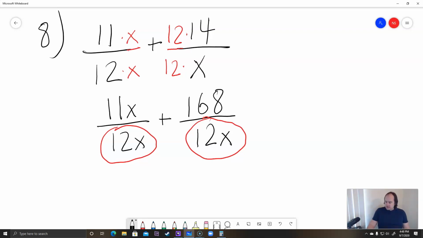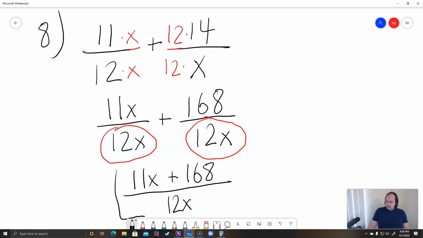So this is going to give us 11x plus 168 all over 12x. Okay? 11x plus 168 all over 12x. So that one's a little bit trickier, but hopefully you got the idea.